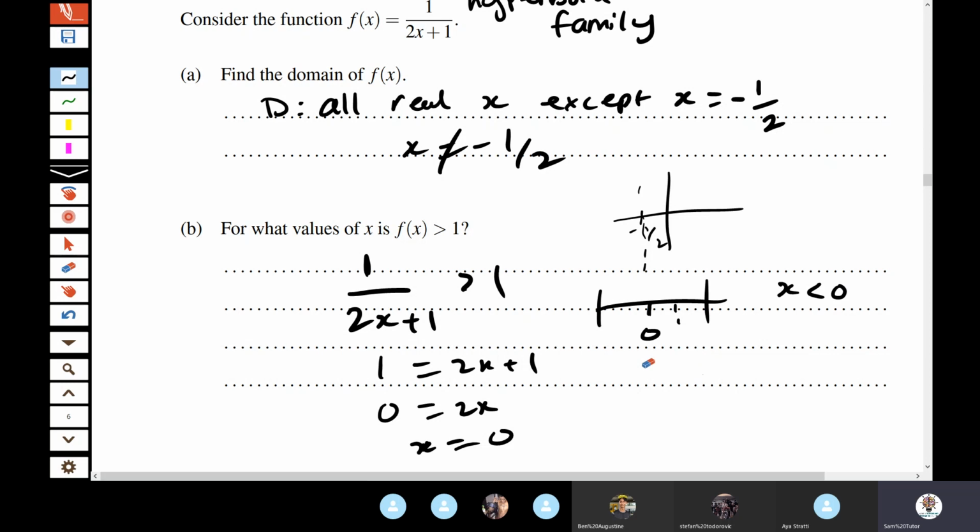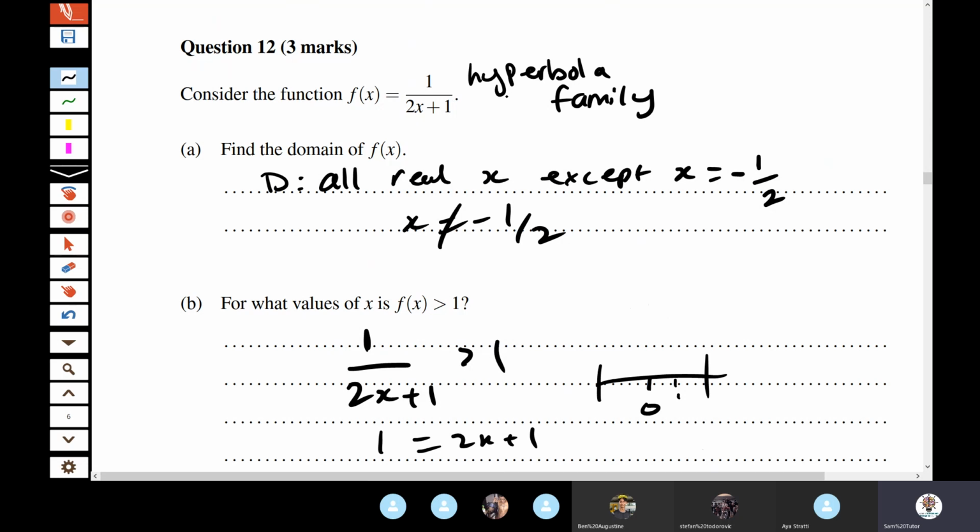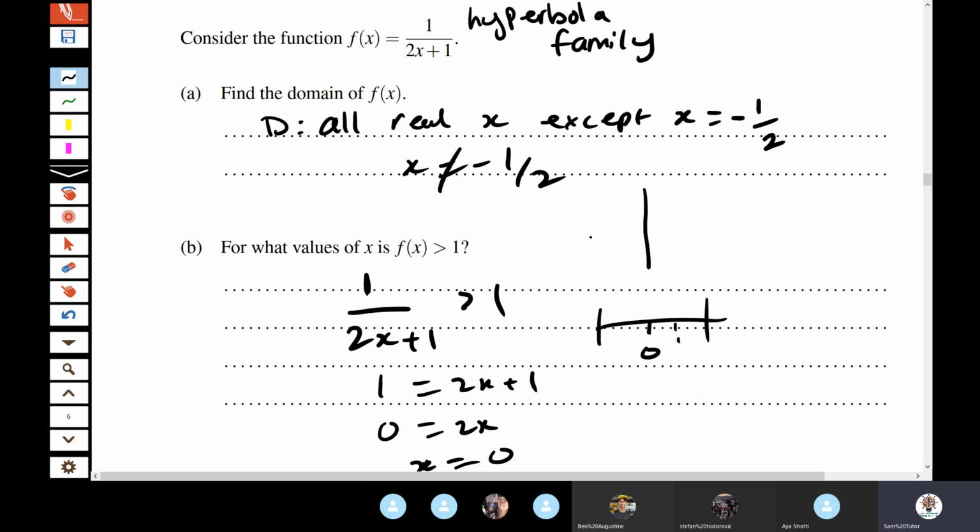Good question, Mr. Drake. Okay, so a few things I hope you would have done as well here, right? You would have realized it's a hyperbola family. We've already worked out that it's negative 1 over 2, negative half. So in your head, you're somehow thinking of this, and if not, you would have drawn it.